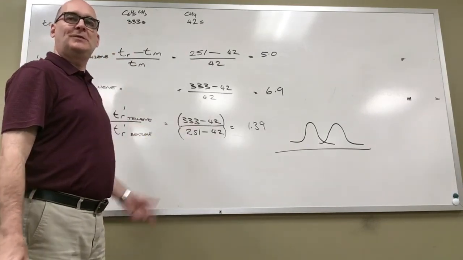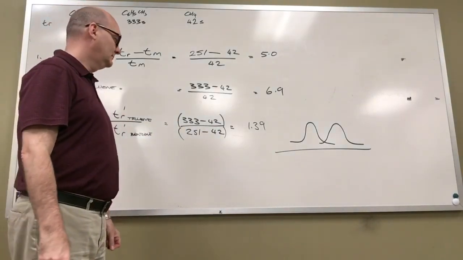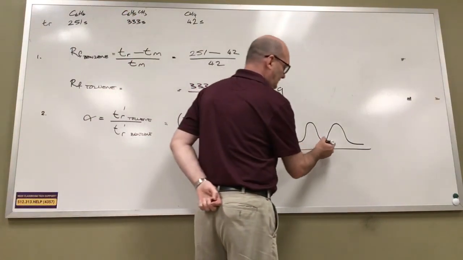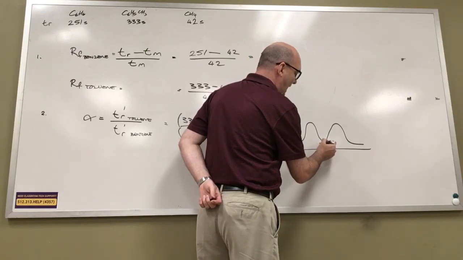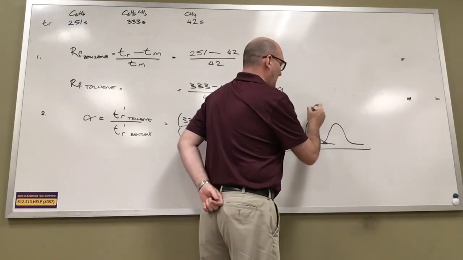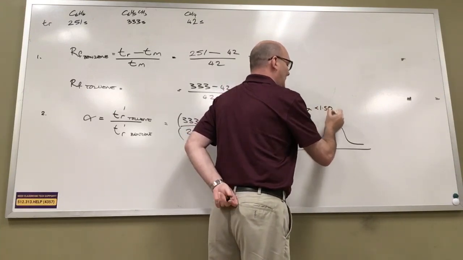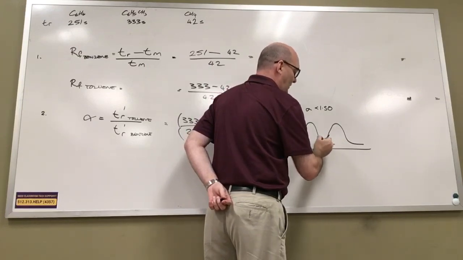Subtract the 42s before you divide them. What I did, I took the TR, I took the 4.98 and subtracted by 42. So what I would predict we have is that we have some overlap here. That alpha is less than 1.50. So there's a bit of overlap right there.